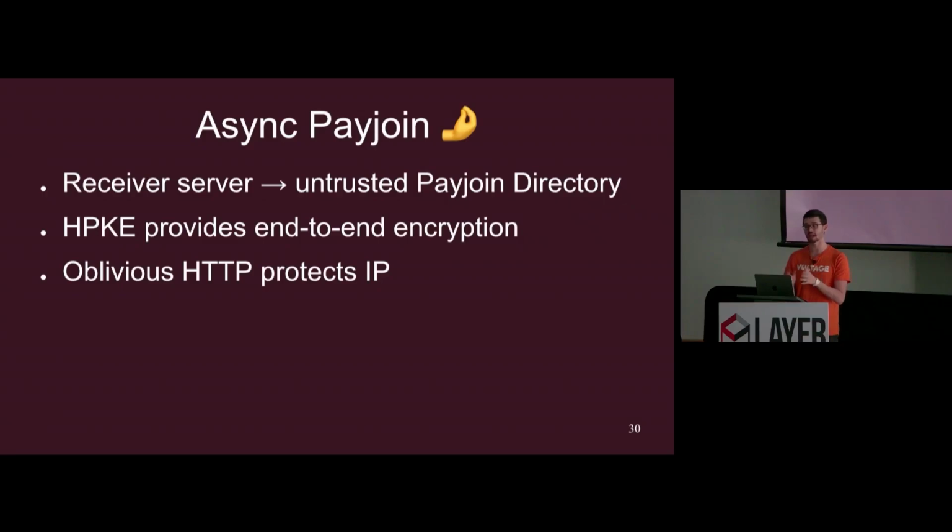So the Payjoin directory can't actually see the payload, the PSBT payloads that are being sent across to the Payjoin directory. And it also uses Oblivious HTTP, which you can think of sort of as Tor Lite, to hide the IP address of the sender and the receiver from the Payjoin directory.